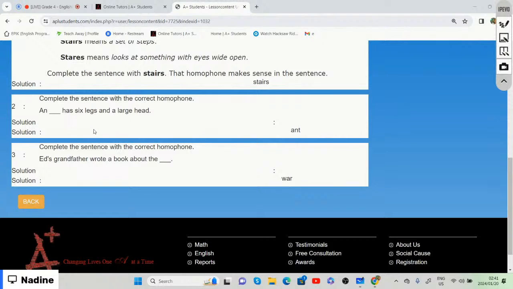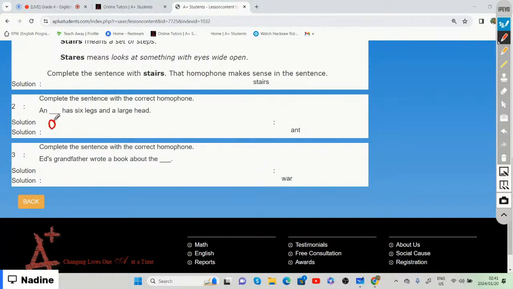And has six legs and large head, and that is an ant, right? So an ant.